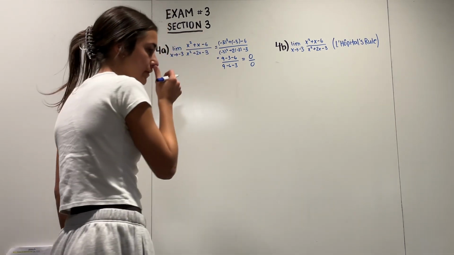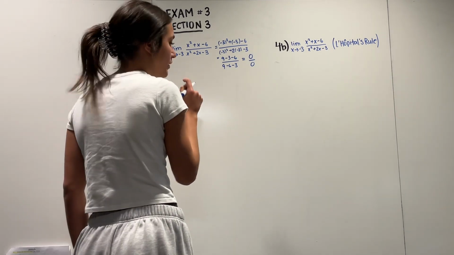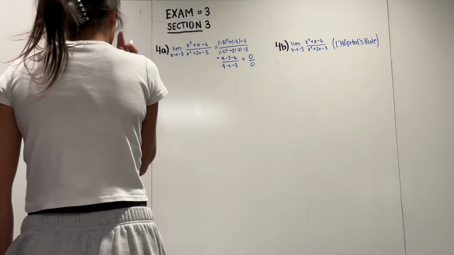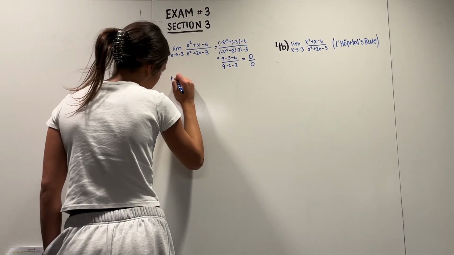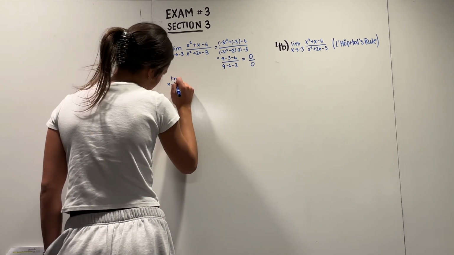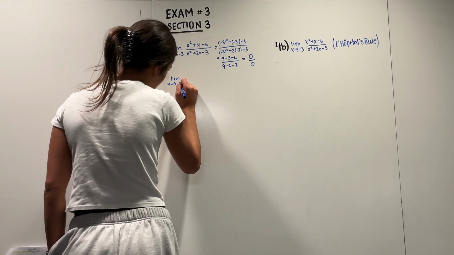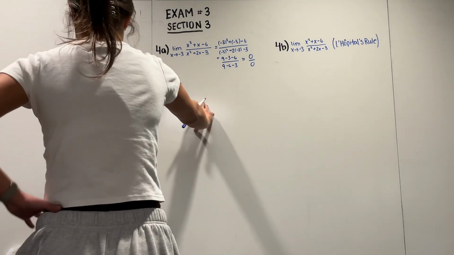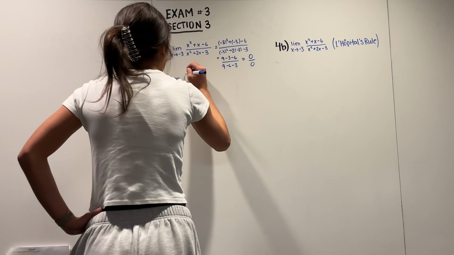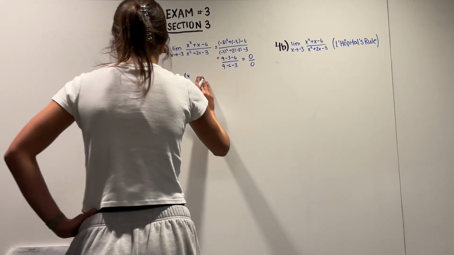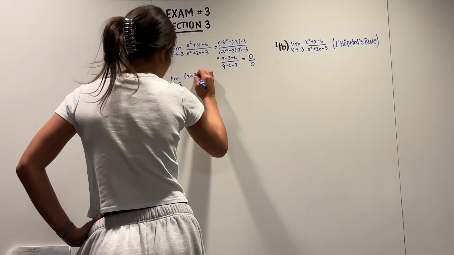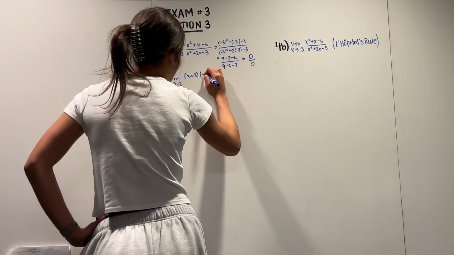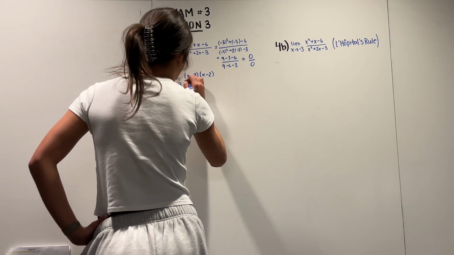So then we're going to be able to factor it, and we'll make this carry the limit down. And then you're going to get x plus 3, and then x minus 2.